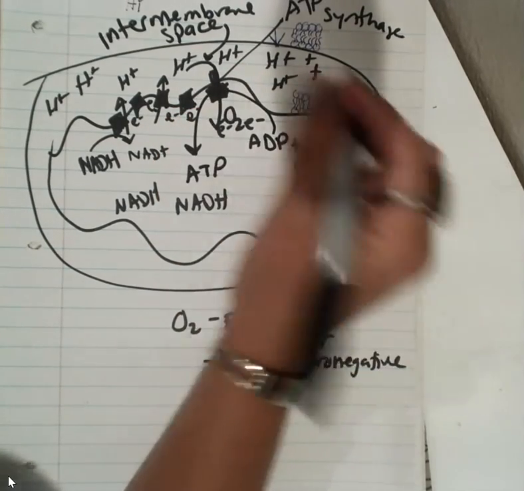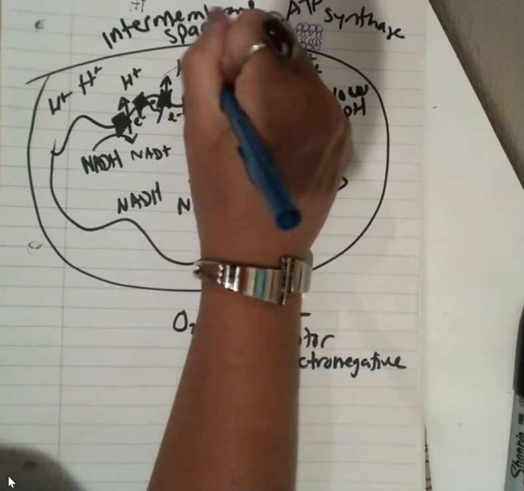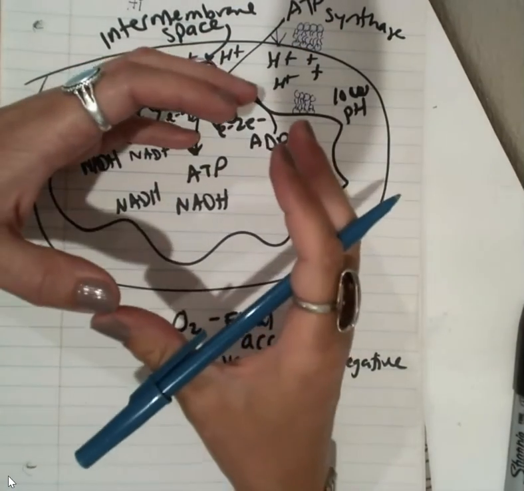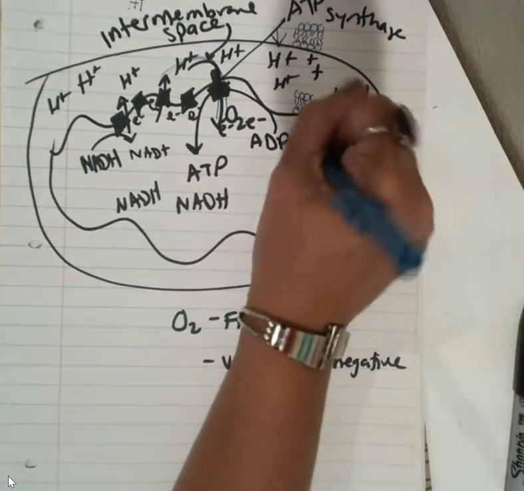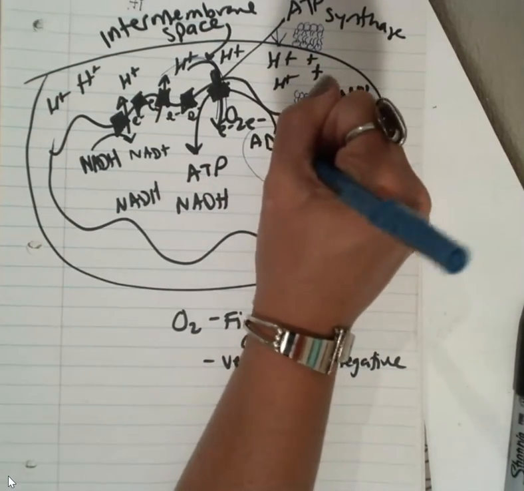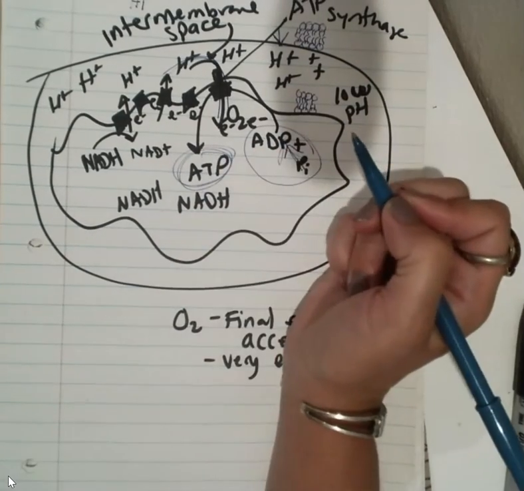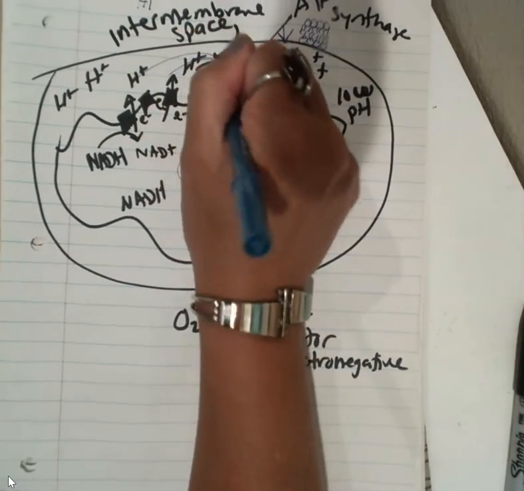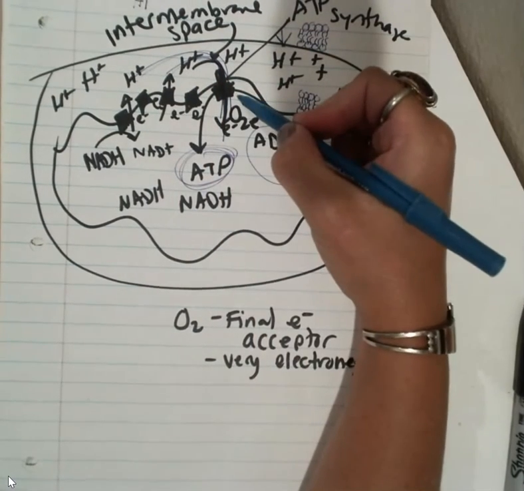As the protons flow through ATP synthase, it turns like a turnstile, and in that turning, it joins the phosphate. It does the phosphorylation to make this ATP. But you need the flowing of these protons in order to turn ATP synthase.